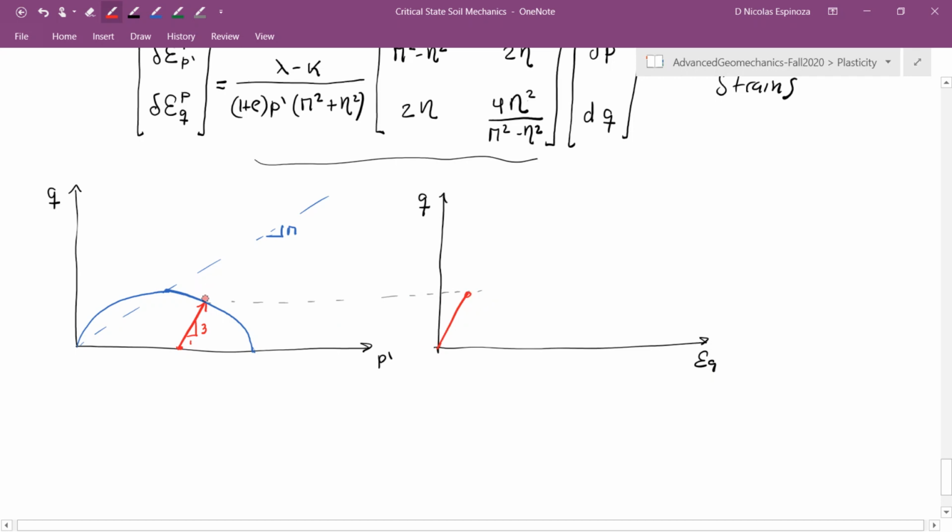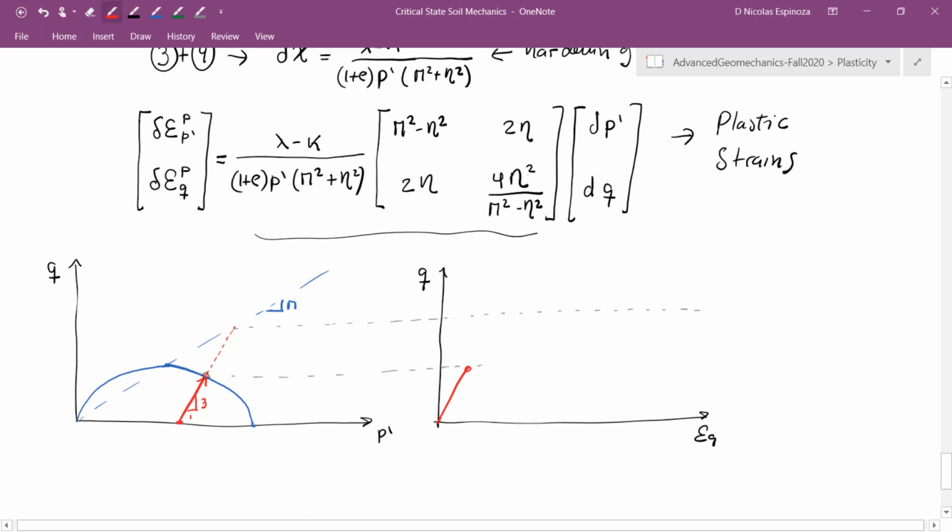Once you go into the plastic part, you need to explore this path. And in order to calculate the plastic strains, what you should do is take small steps, small increments of p prime and q, in order to utilize this matrix.